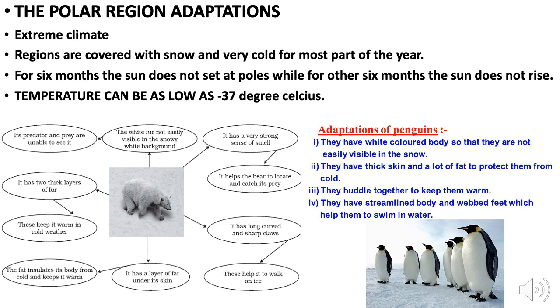The other animals which are found in polar regions are fishes, many types of fishes, musk oxen, reindeers, foxes, seals, whales, and birds. Students, you might know about some migratory birds also.